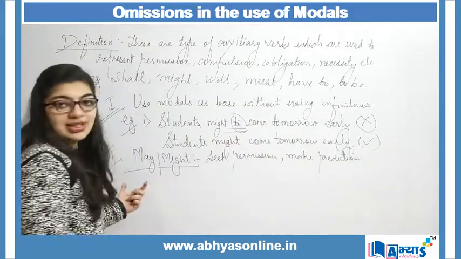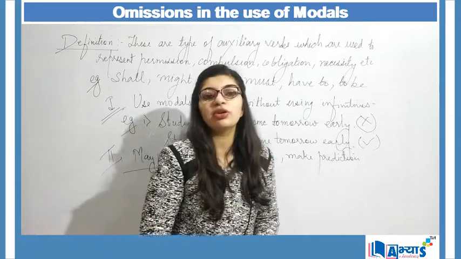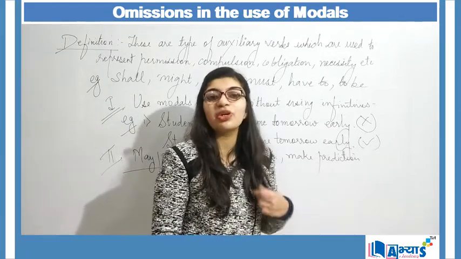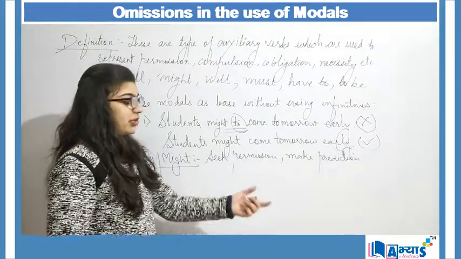Seeking permission means that whenever you have to ask the teacher to go somewhere, you will always start with may and not with can, because may is the more polite form. And for might, we are talking about predictions.